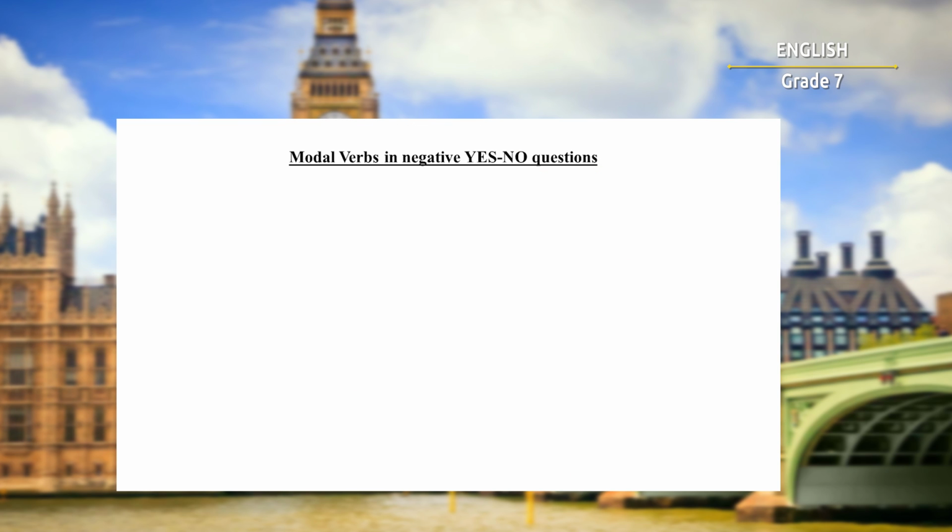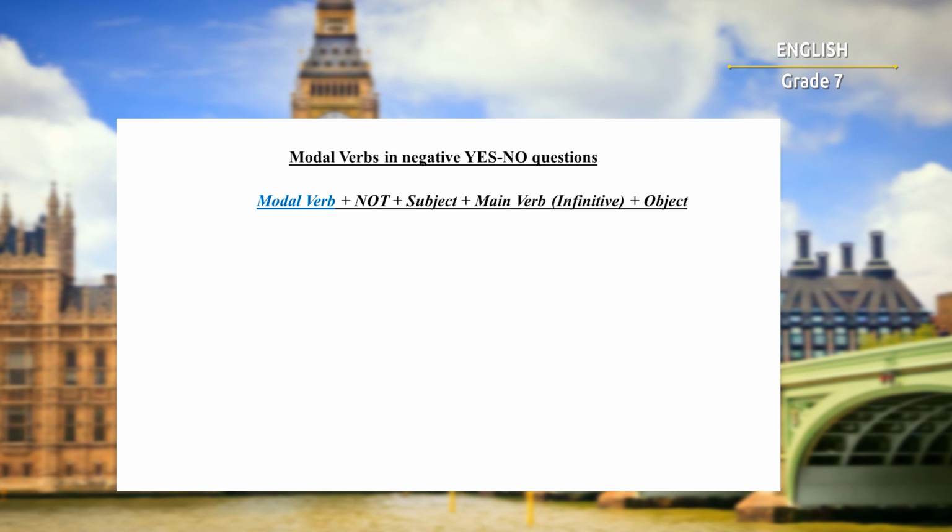Modal verbs in negative yes-no questions can be used according to the following formula: modal verb plus not plus subject plus main verb in infinitive and object. And here are some examples.